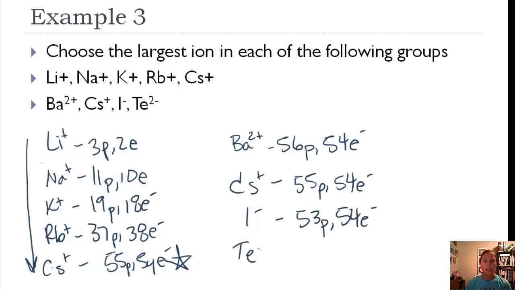And then tellurium has 52 protons, and because it gained 2, has 54 electrons. So these are what we consider isoelectronic. Because barium has the largest nuclear charge, it is the smallest, and so that makes tellurium our largest ion of those 4.